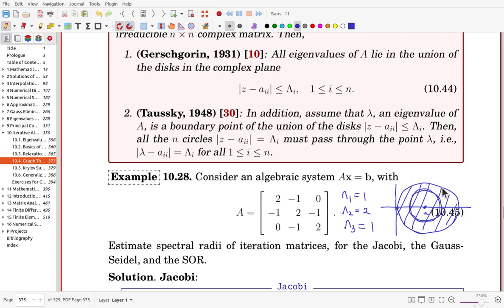Once an eigenvalue is on a circle, then all circles must pass through the point. So for this example, the boundary points cannot be an eigenvalue of this matrix. Eigenvalues must always be inside. Once it's on the boundary, the circles should pass through this point, but apparently right now the two circles are far away from this point.